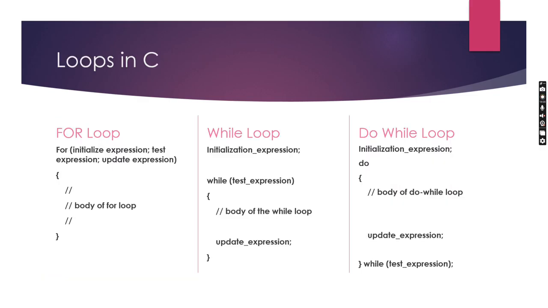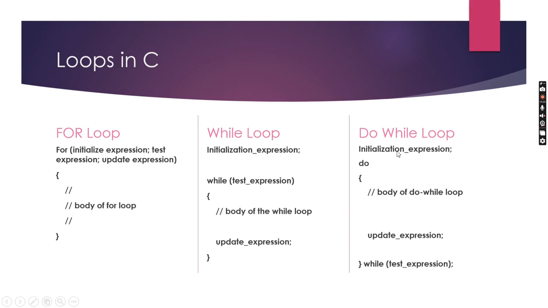Now let us look at the loops in C: for loop, while loop, and do while loop. In a for loop, the initialization, test expression, and update expression all lie in the same line after the for. But in a while loop, initialization is performed earlier, and the test expression is used after the while. And here is the body of the while loop and the update expression.